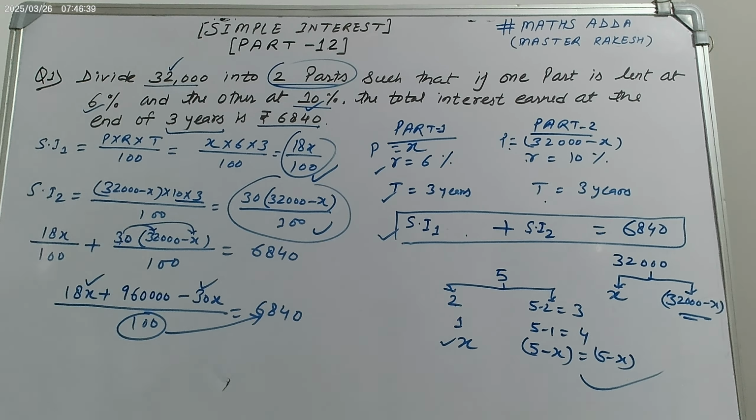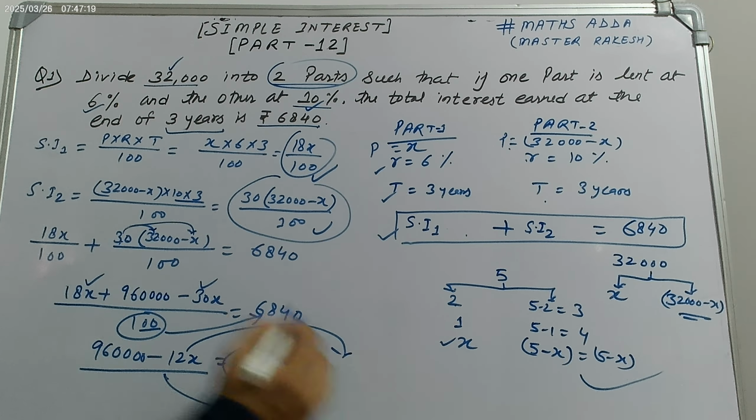6840 into 100. Because it is in division, when it goes here it will be multiplied, so I am putting 2 zeros here directly. The negative one goes there.